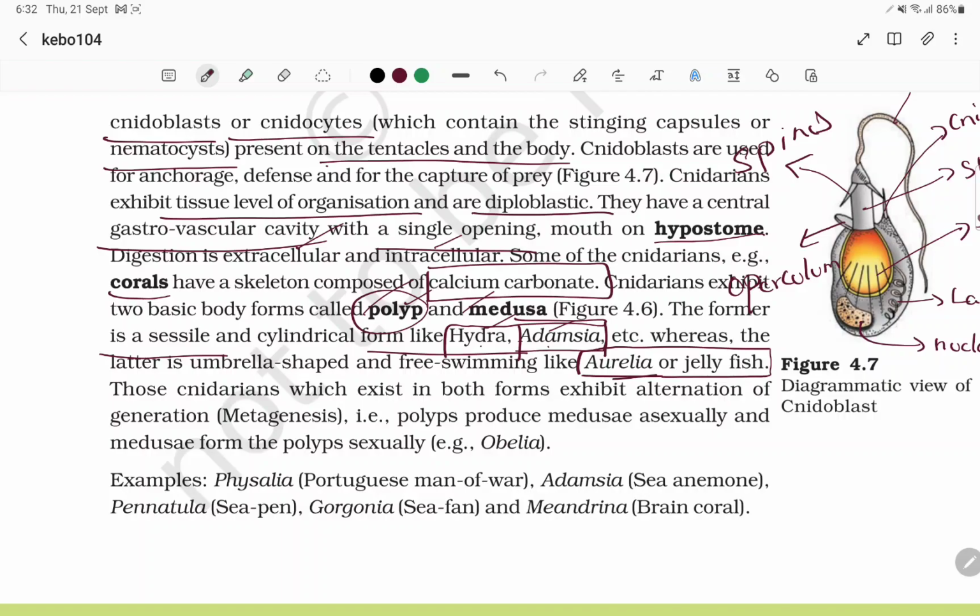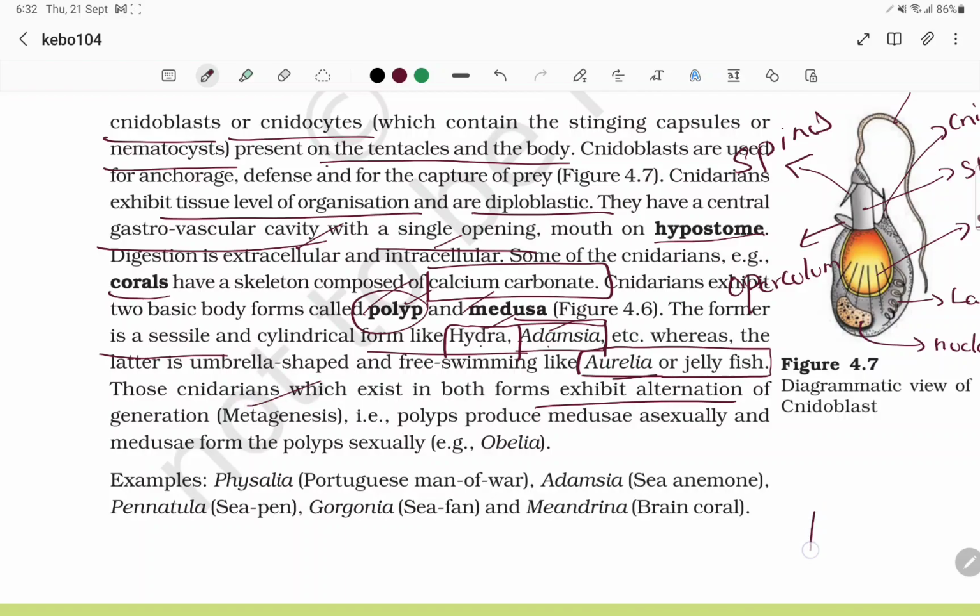These cnidarians exhibit alternation of generations, from polyp to medusa and medusa to polyp. We call that change of body forms, or alternation of generations, metagenesis.